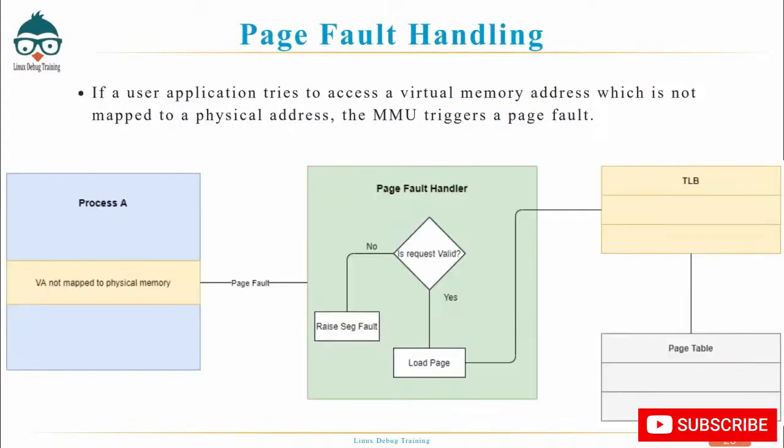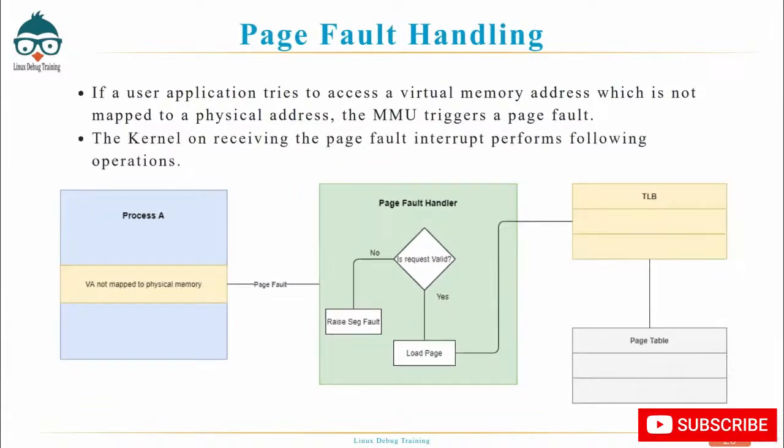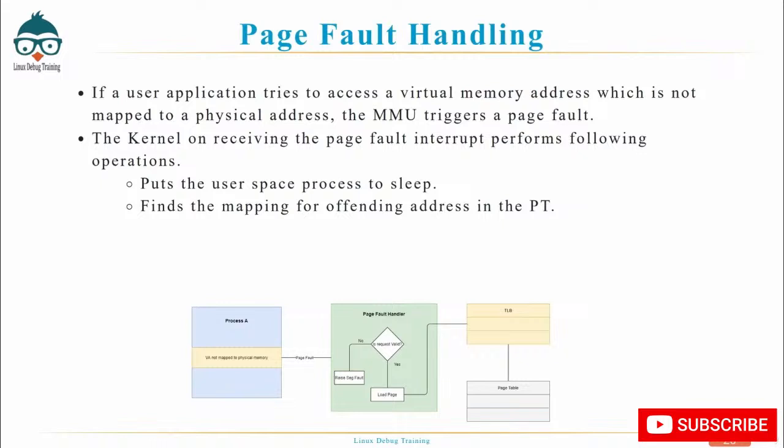As we saw in the previous slide, if a user application tries to access a virtual memory address which is not mapped to a physical address, then the MMU triggers a page fault. The kernel, on receiving the page fault interrupt, invokes the page fault handler and performs the following operations. It first suspends the Userspace process, allowing it to sleep.